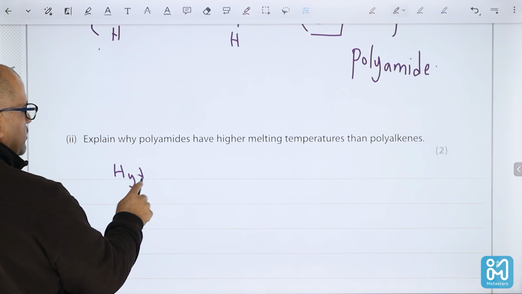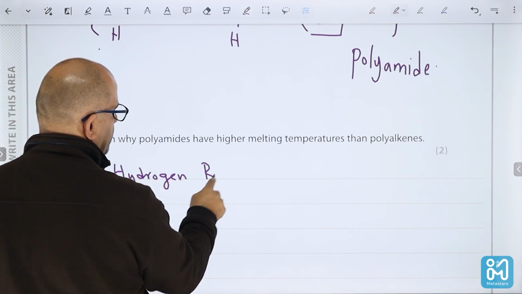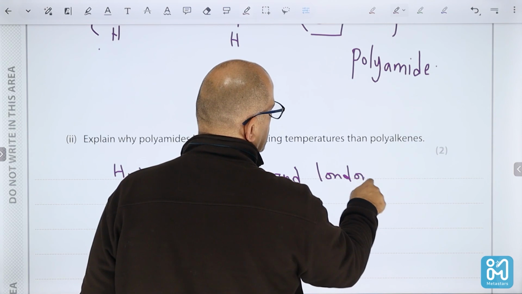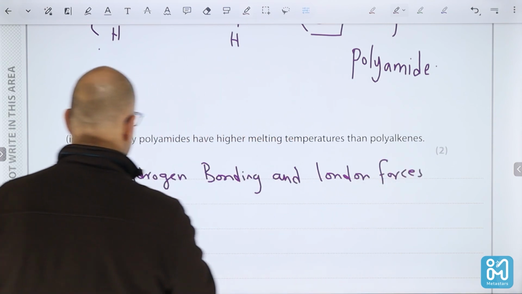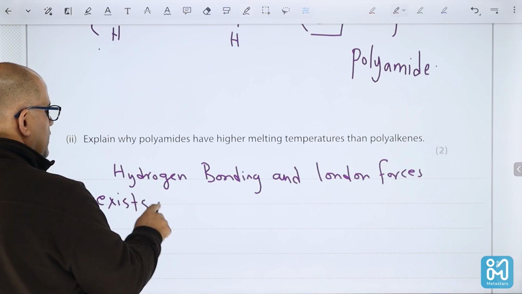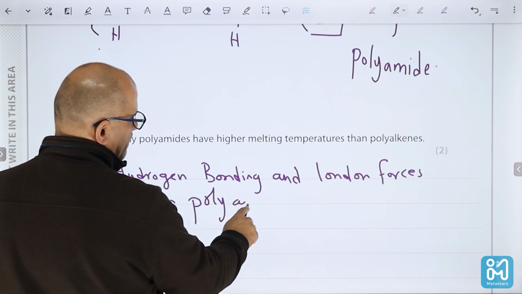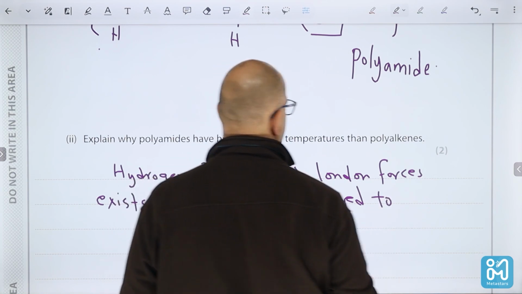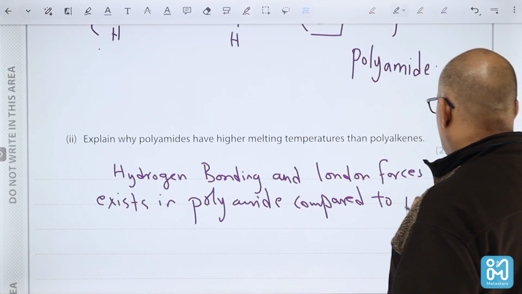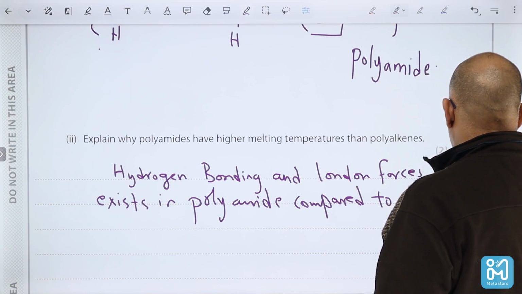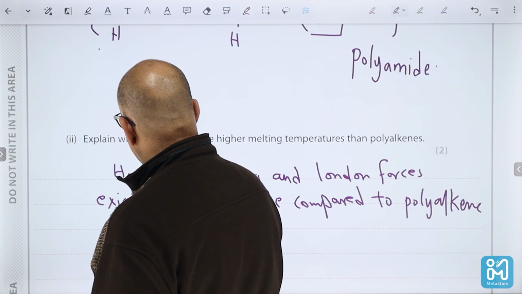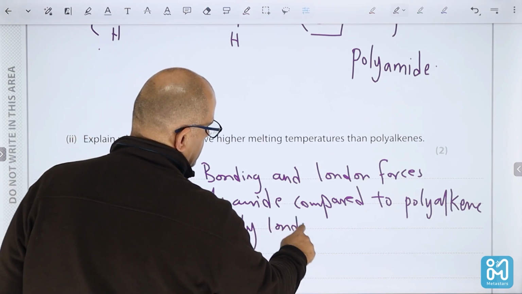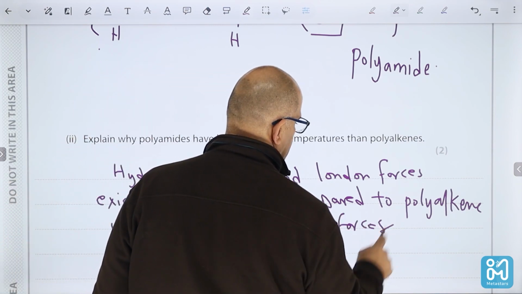So hydrogen bonding and London forces exist in polyamide compared to polyalkene, which has only London forces between its particles.